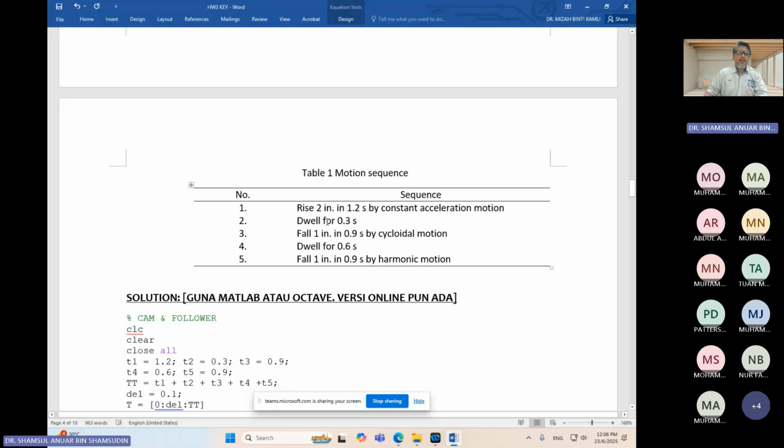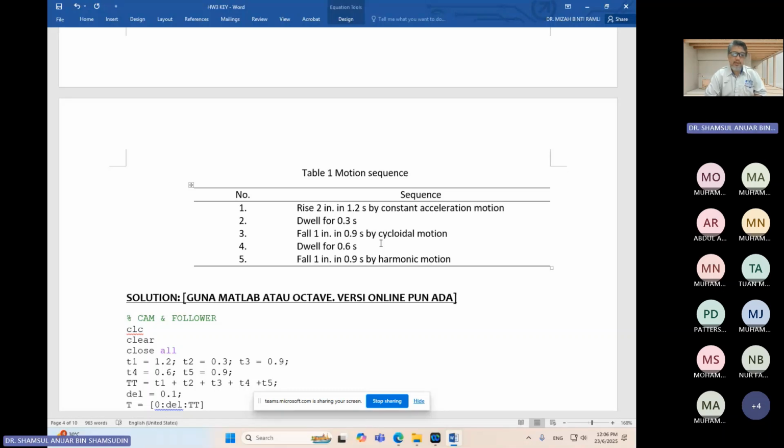And then dwell for 0.3 seconds. Dwell meaning it will maintain that position after it rises. And then after the dwell, it will fall half an inch in 0.9 seconds using another type of motion, which is cycloidal, and then maintain that position for 0.6 seconds.